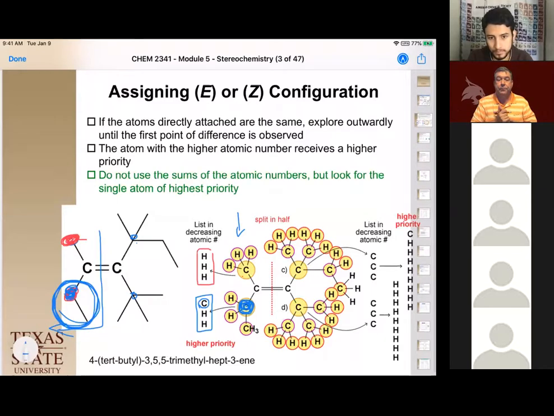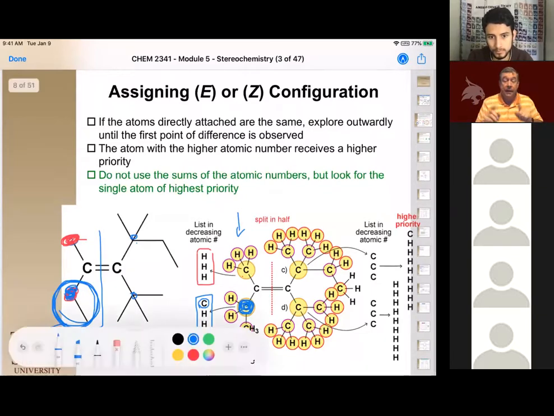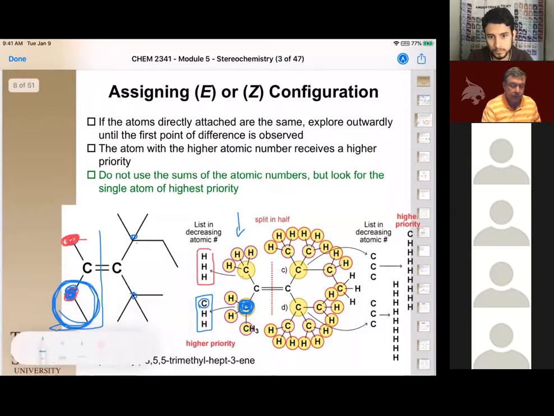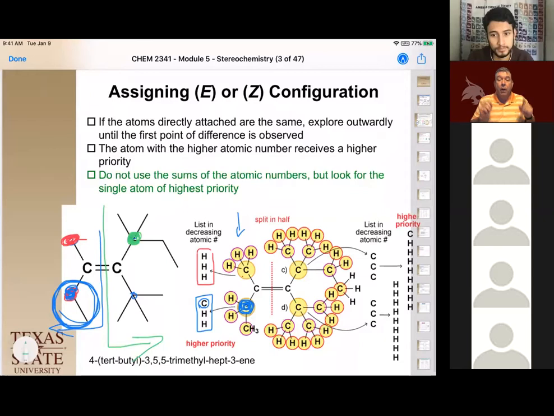Now let's look at the other side of the molecule and follow those exact same rules. If we look at this side, let's start with this one up here. We have a carbon attached to 1, 2, 3 carbons.